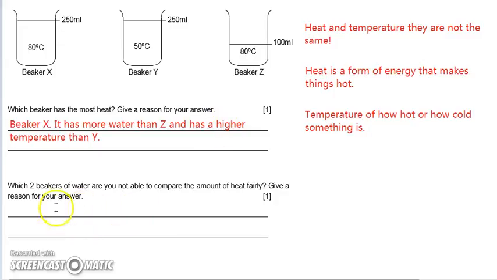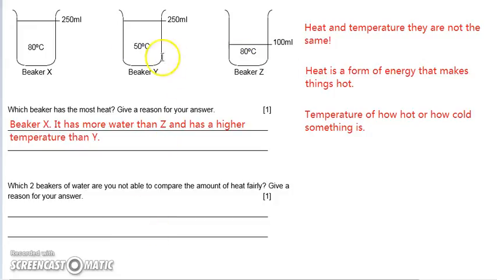Now, which two beakers of water are you not able to compare the amount of heat fairly? Remember in science, when you compare things, you need to have only one variable. You can compare X and Y because the only variable is the temperature. You can compare X and Z because the only variable that changes is the amount of water.